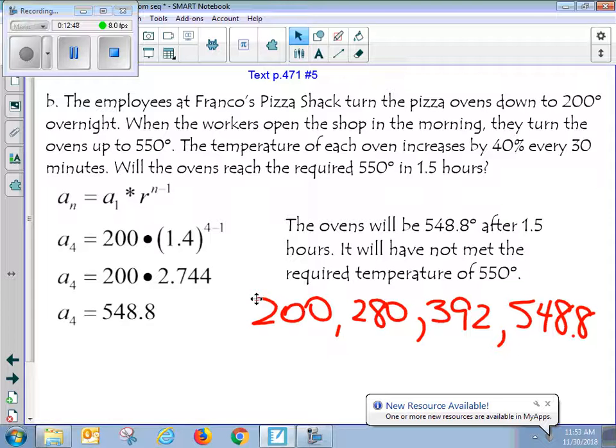Now, up here, what I typed in for you was putting it in formula form if you knew a lot of information. My a sub 1 was my 200. My r was the 1.4. What is 4? Where'd that come from? But how did I know I was looking for the fourth term in the sequence?